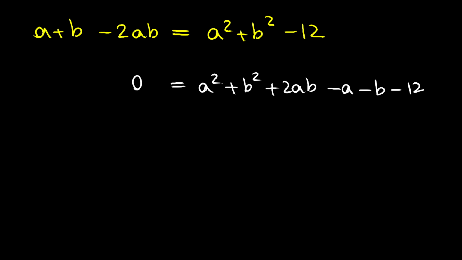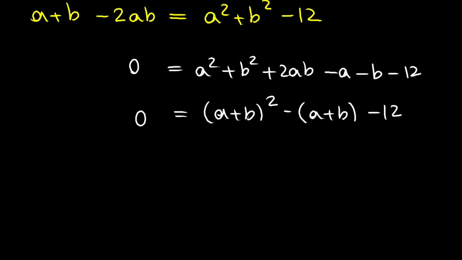Now, notice that this is a perfect square, and it is equal to the quantity a plus b all squared. And notice that I can factor out a negative 1 out of these two. So we have negative the quantity a plus b minus 12, and this equals 0.